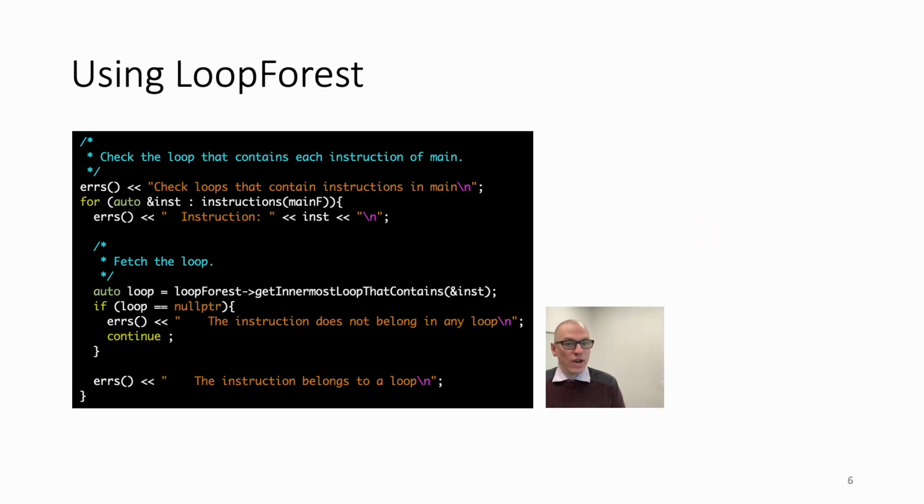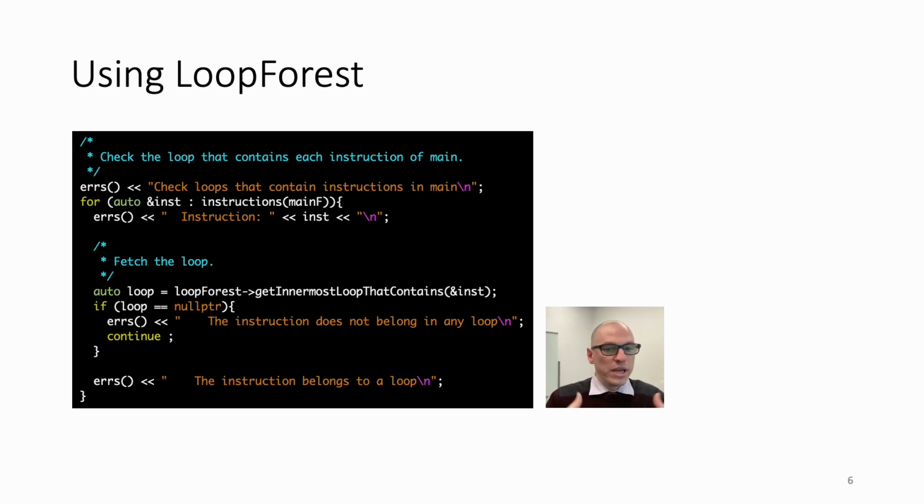What can you do after you have the LoopForest? There is quite a bit of API, but an example of a use of the forest abstraction is, you have an instruction and you want to get the innermost loop that contains that instruction. In order to do that, using the LoopForest, you just invoke getInnermostLoopThatContains, and you pass the pointer of an instruction. It can even be a basic block, and it returns the loop that contains it.